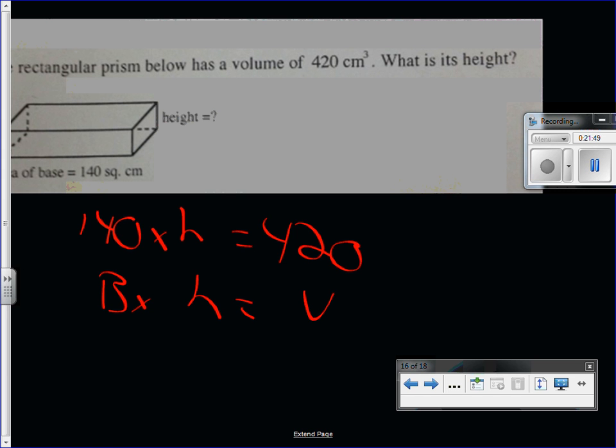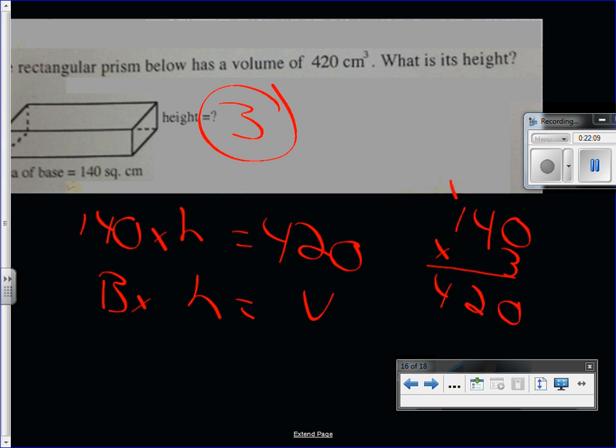You guys see how I wrote that out? Because we know the area of the base times the height equals volume. 140 times what? Times 3? Let's check. 140 times 3. 0, 12, 3, 420. Our height would be 3.